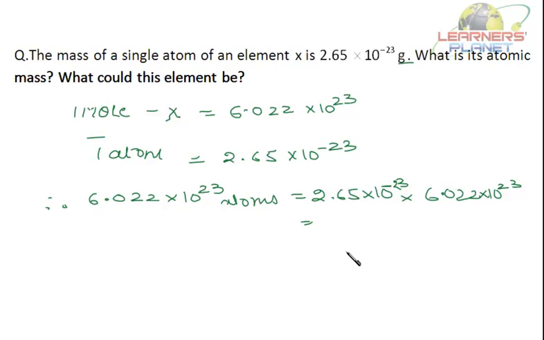What will the mass be equal to? It will be 6.022 into 2.65, and this will give us 15.95 grams. It can be written as 16 grams.